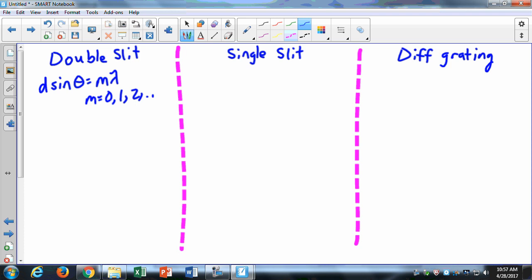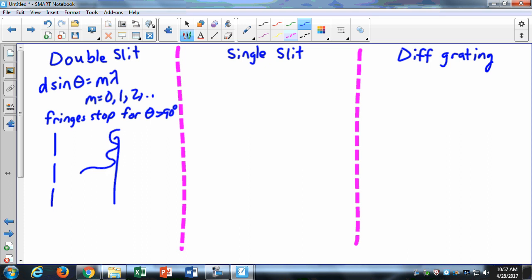Remember that my fringes stop for theta bigger than 90 degrees. So if I ask you, and we did this in class, how many fringes are there, or what's the maximum order number, you would consider the angle to be 90 degrees. Because if I think about my double slit experiment, my interference pattern looks like this.